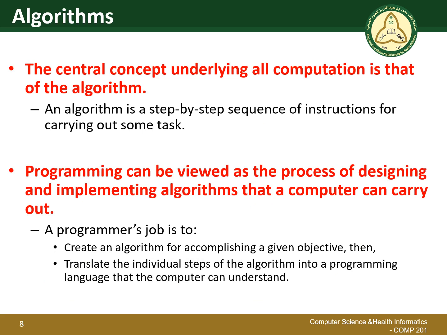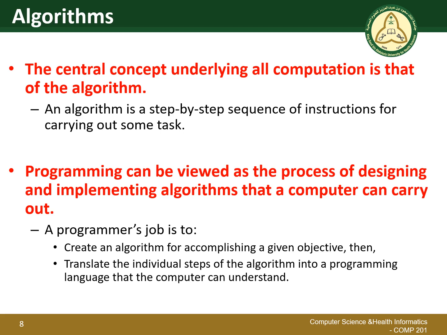The science of computation is about solving problems, so it is based on algorithms. Here is a simple definition of the algorithm. An algorithm is a step-by-step sequence of instructions for carrying out some task, or to accomplish a specific task. This process is usually done by a programmer, and we call it the programming process.